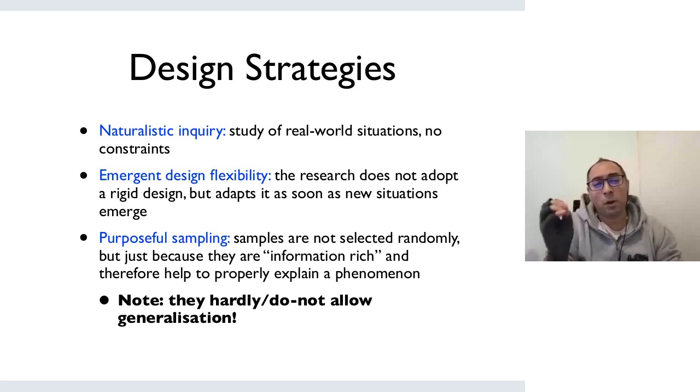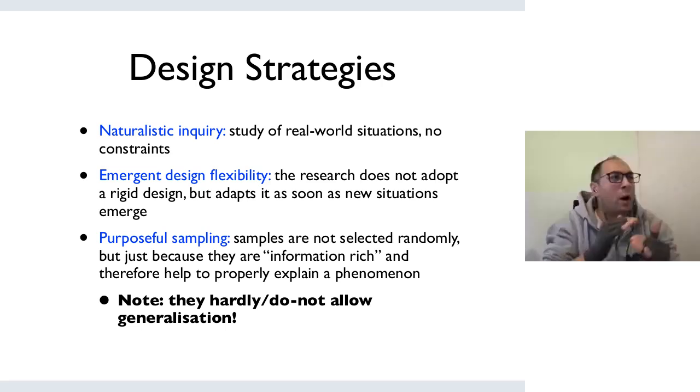The typical approach in naturalistic inquiry is ethnography. Ethnography means you yourself, the analyst, are embedding into the naturalistic setting that you want to study, and you want to capture all data, regardless of what that data is about.